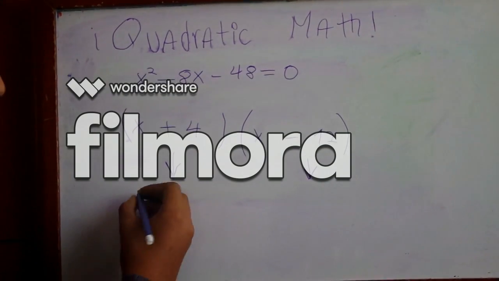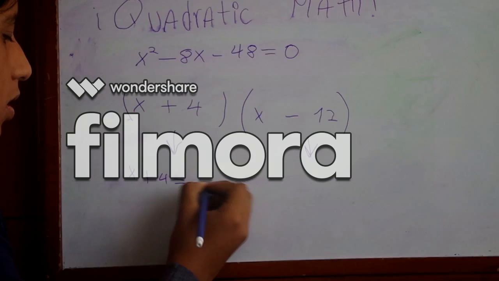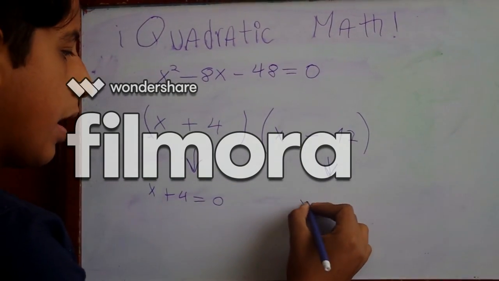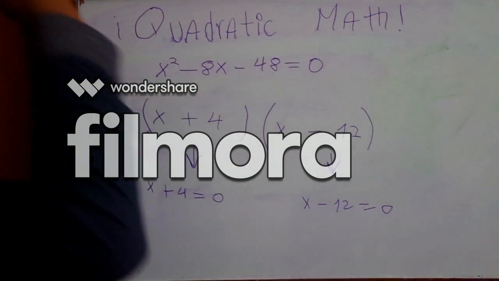We have here x plus 4 is equal to 0, and x minus 12 is equal to 0.